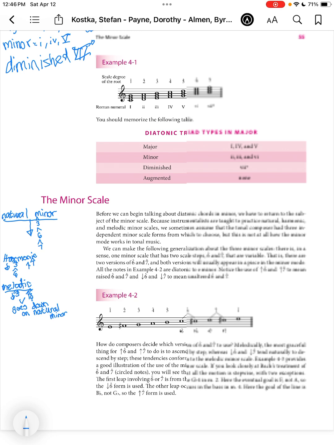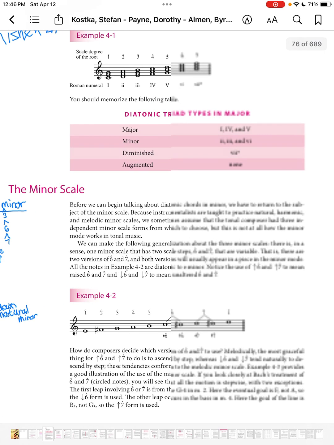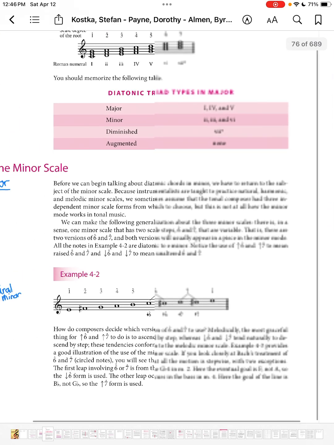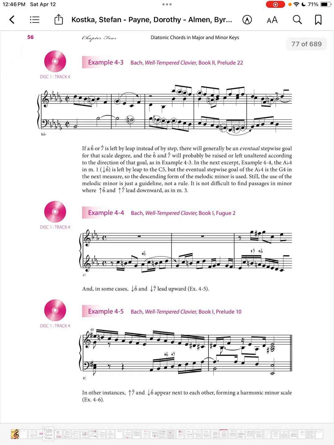So then, I'm going to flip it to this side of things. It also talks about how it leads by step, stepwise, and sometimes leads upwards.